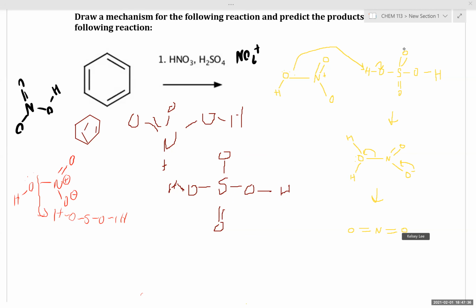Okay, and now that we have our nitronium ion, what can we do with it? And we have some space at the bottom, and you may want to take the full row at the bottom so you can draw each step. And some students are sending their proposed mechanisms in the chat. Let me take a look.